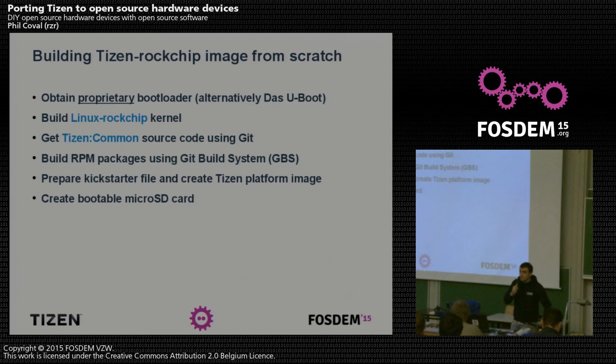So the image that is available at the moment for booting Tizen Common from a microSD card on the two boards that we support is using a proprietary bootloader. There is a fork of the Linux kernel again. This is a fork for the Rockchip devices. For Radxa Rock we have Linux kernel version 3.0 and for Firefly we have 3.10.